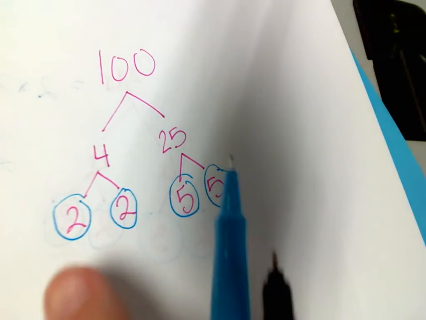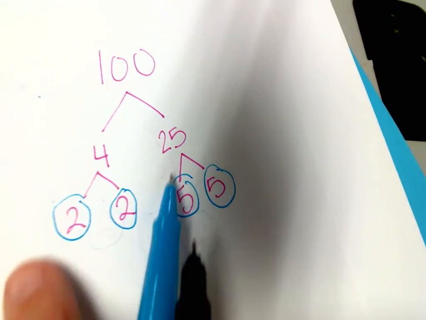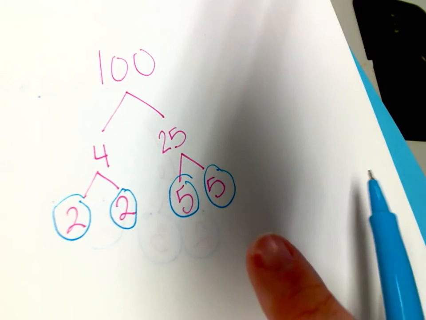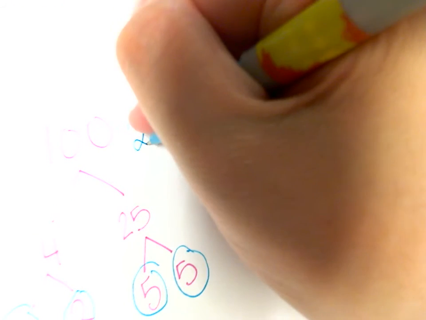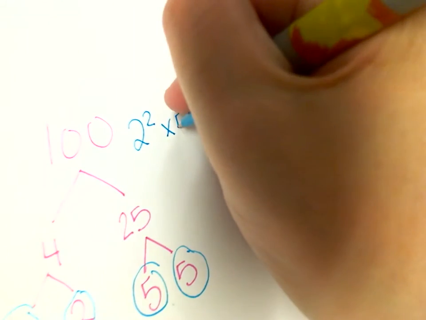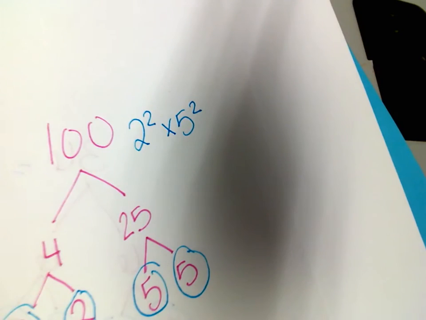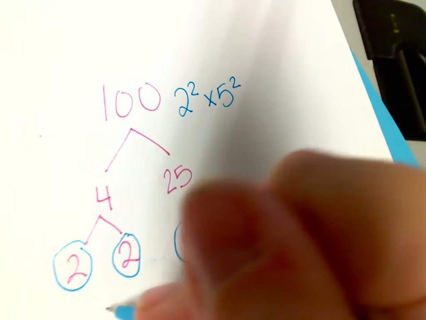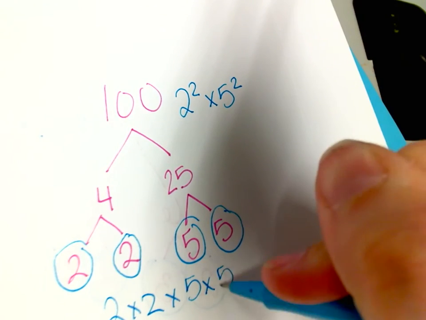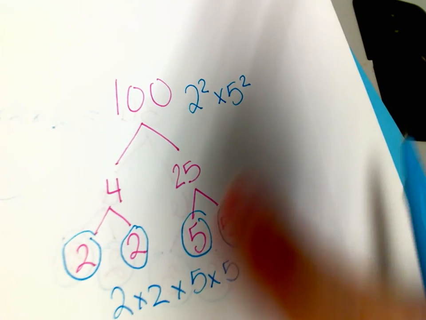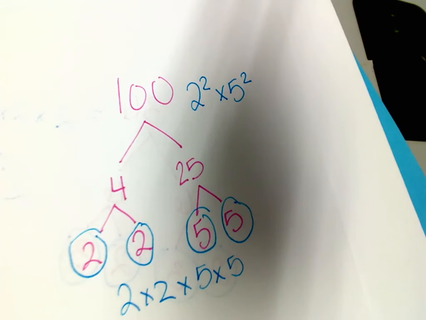Notice that I have no more branches left uncircled. They all end. And again, my answer is only this part. So that is going to be 2 squared times 5 squared. That comes from 2 times 2 times 5 times 5.